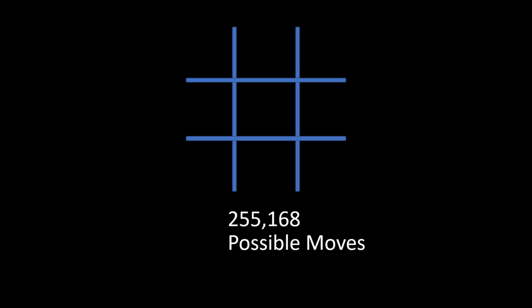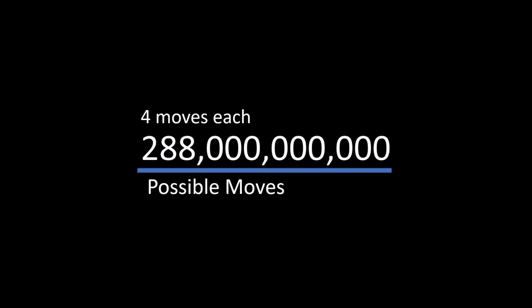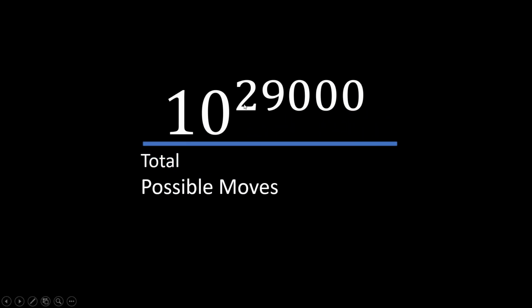But we consider a game like chess, which after 4 moves each, so barely, at the start of the game, we have 288 billion possible moves, and if we count from the start of the chess game, we will have 10 to the power of 29,000 possible moves.